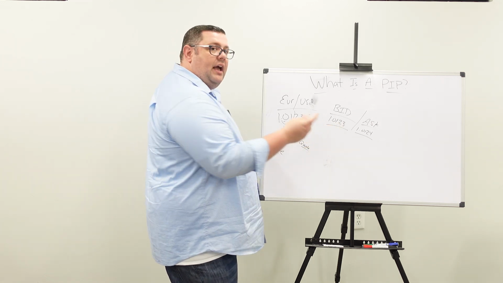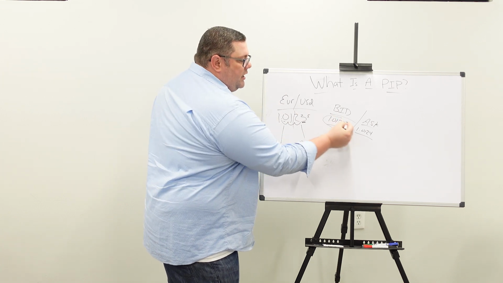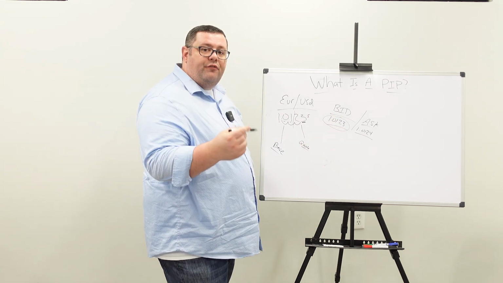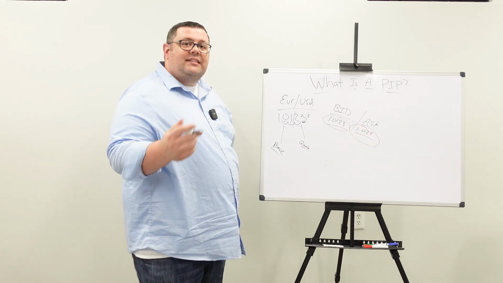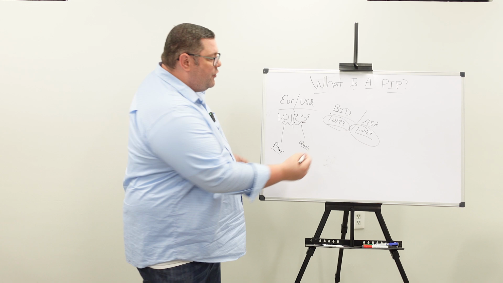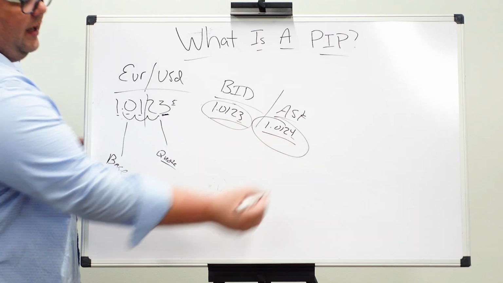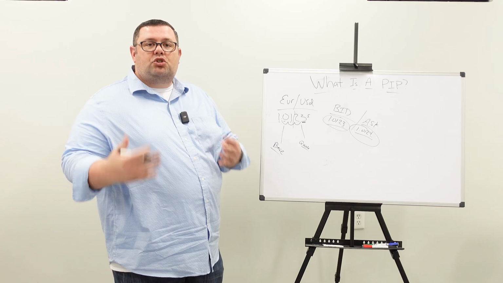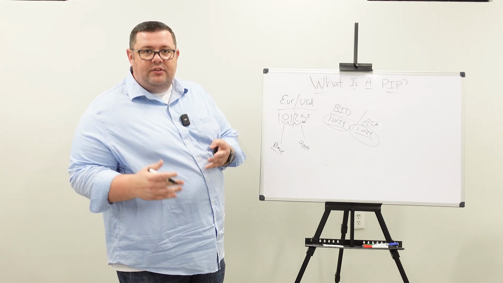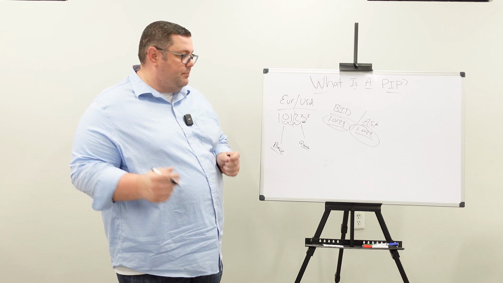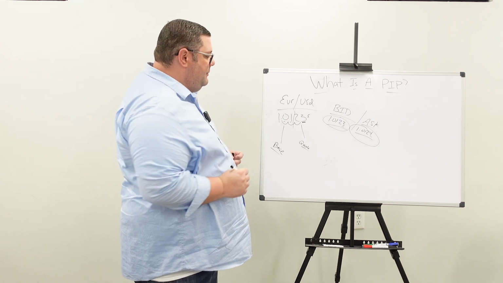So if you are doing a buy, you're going to be looking at that number. If you're performing a sell, you're going to be looking at that number. That's important because the difference is in the pips. We trade pips. We don't trade pennies. We don't trade dimes and nickels. We trade pips.